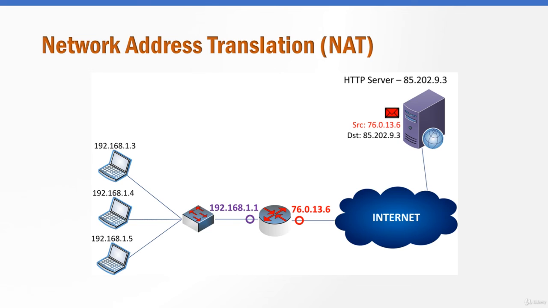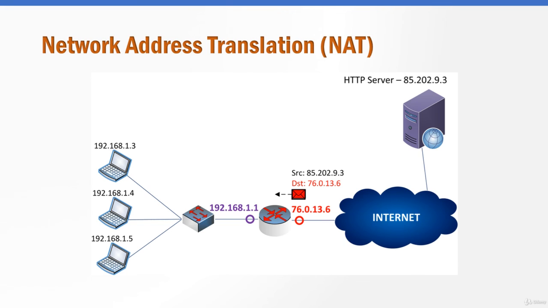Now, when the server sends its response, the source IP address of the response packet is going to be the IP address of the web server. So it's going to be 85.202.9.3, and the destination IP address is still going to be the public IP address of the router.